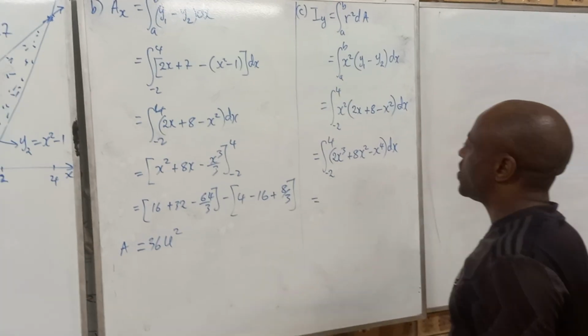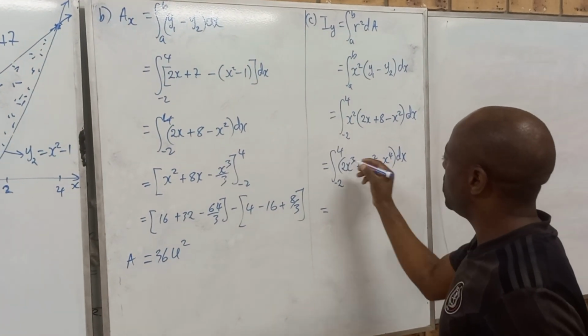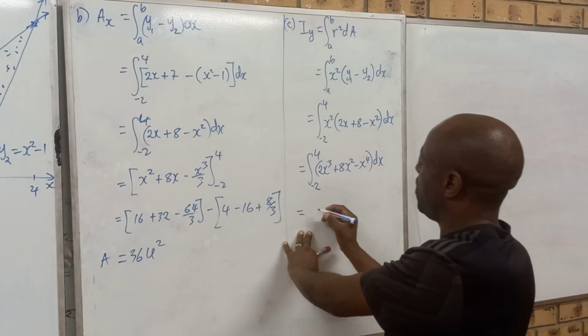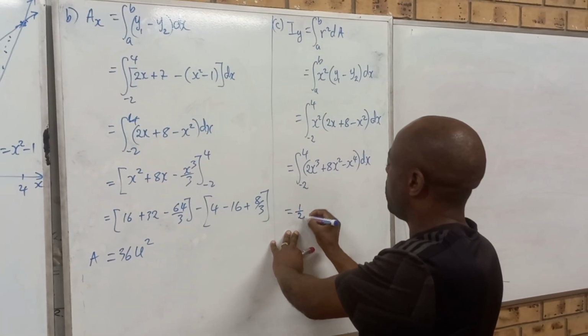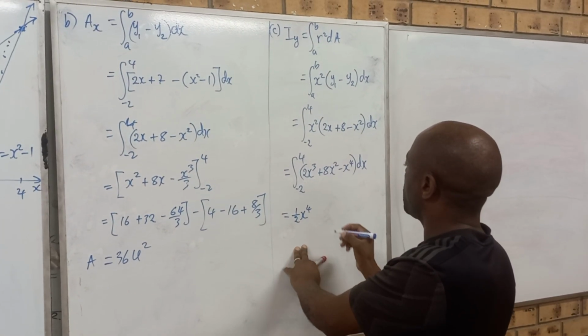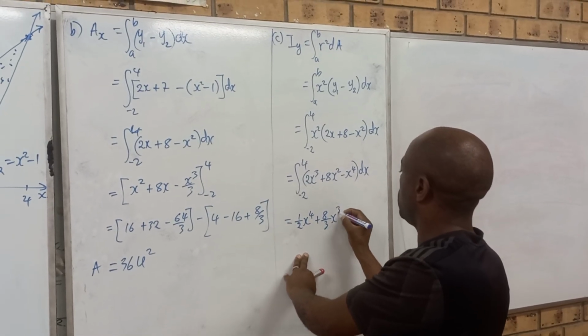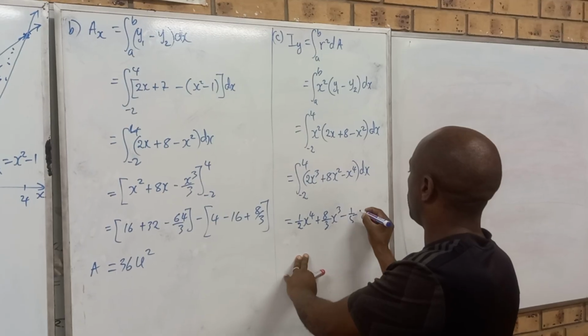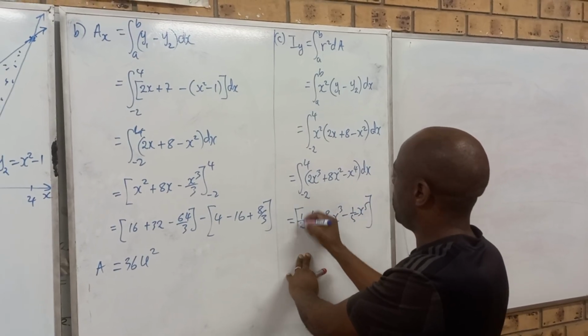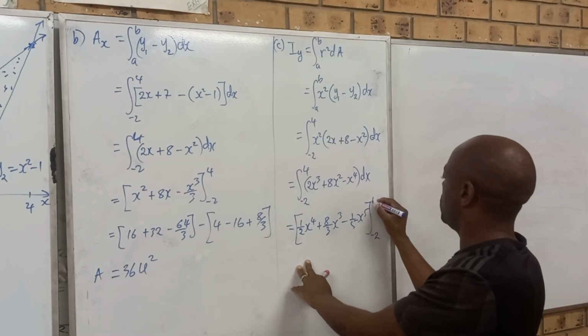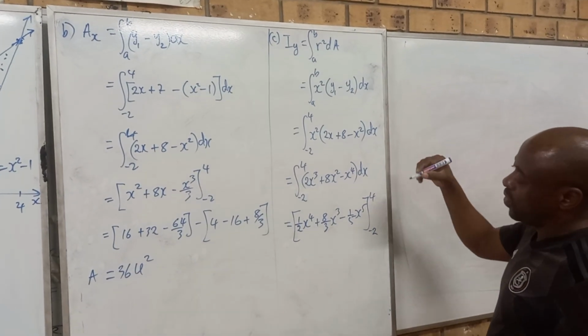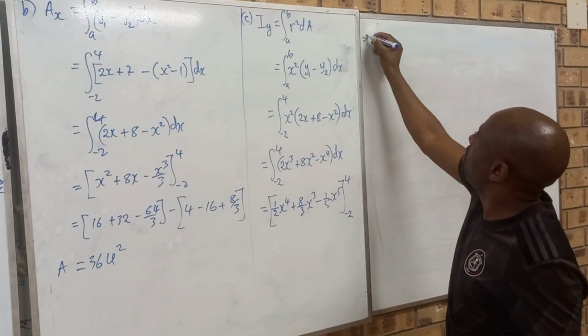Then integrate, you will get 2x to the power 4 over 4, that is just a half of x to the power 4, then plus 8 over 3 x cubed minus 1 over 5 x to the power 5 from negative 2 to 4.